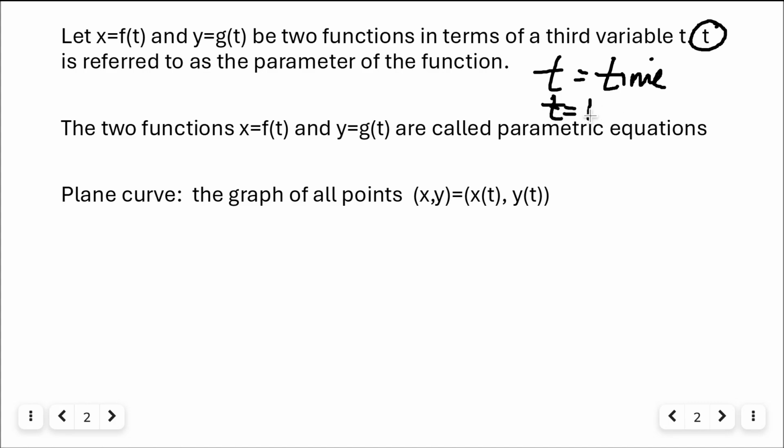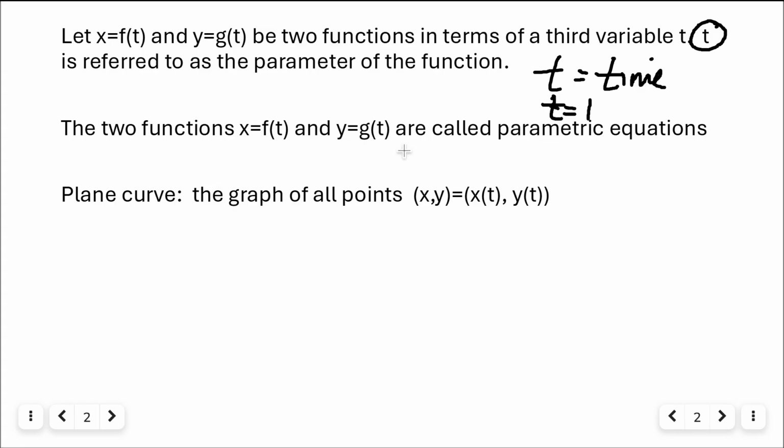At t equals 1 second, I can figure out the location of something on that equation, like a particle, where it is on the x-axis and where that particle would be on the y-axis at that time, t equals 1. That's the simplistic version of what we're trying to do.